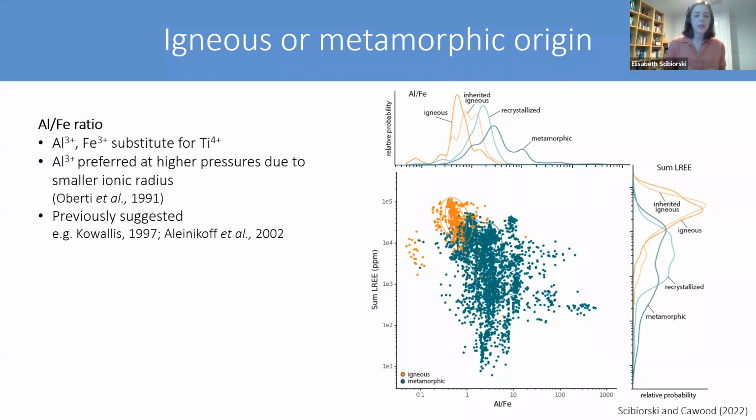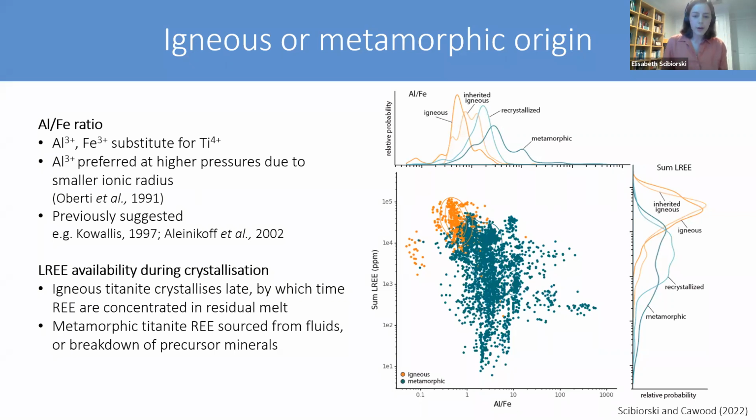And so that's why you get a difference in aluminium-iron ratio between the two crystallization settings. In fact, aluminium-iron ratio has been previously proposed as a discriminator for igneous and metamorphic titanite, although I actually haven't seen this taken up widely in the literature, and we're not sure why that is.